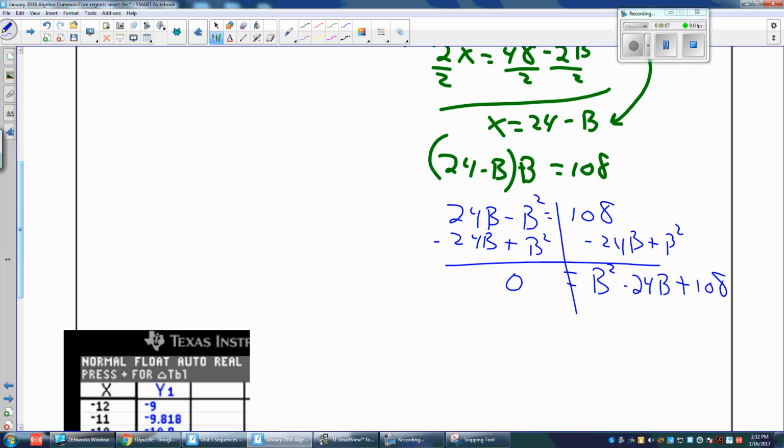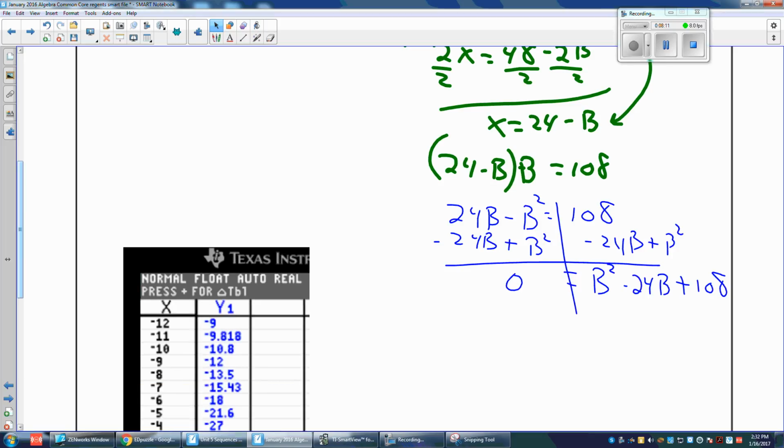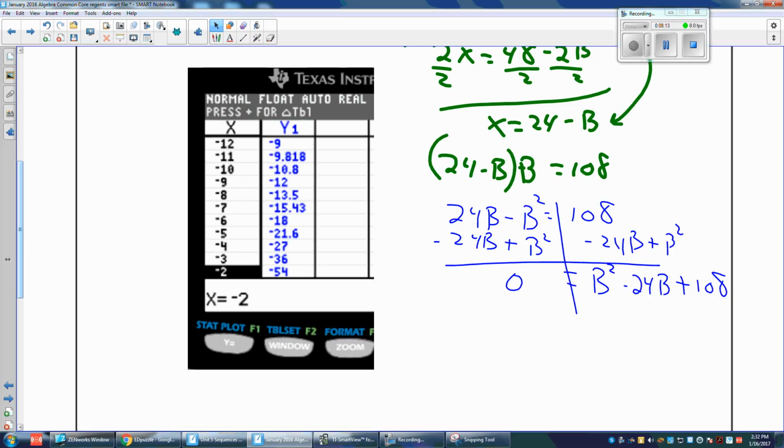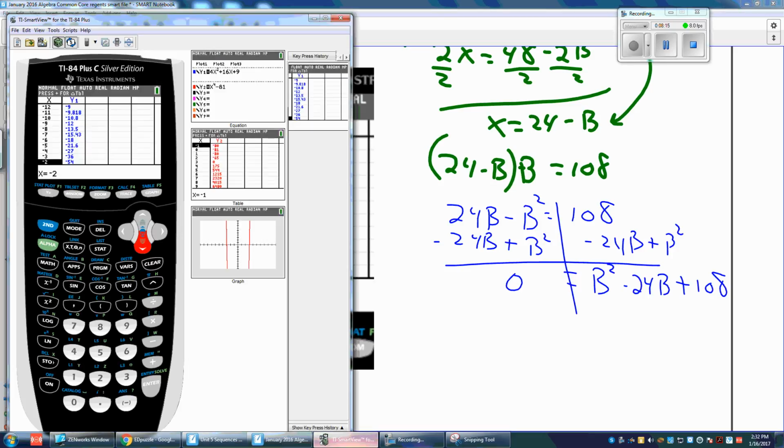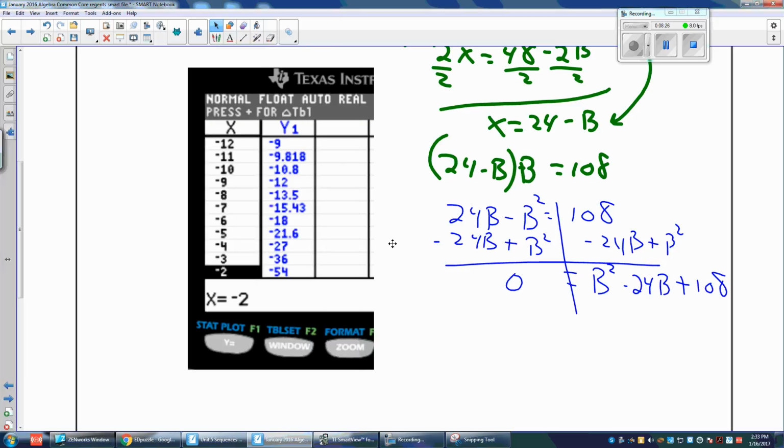Now I have to factor this, and this is why I have this table right here. What I did with the graphing calculator is I put into y equals 108 divided by x, and that gives me all the factors, all the numbers that multiply to be 108 and add up to negative 24. Let me see, what ones add up to negative 24? Those right there add up to negative 24.